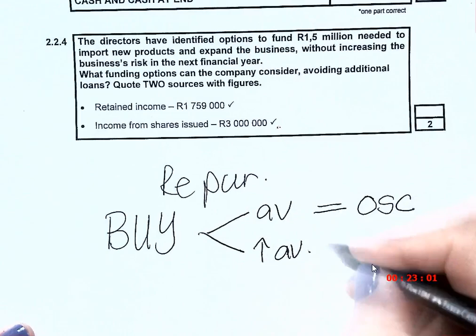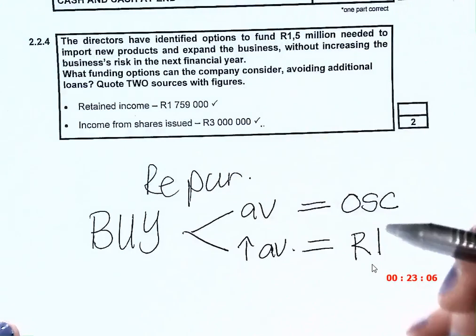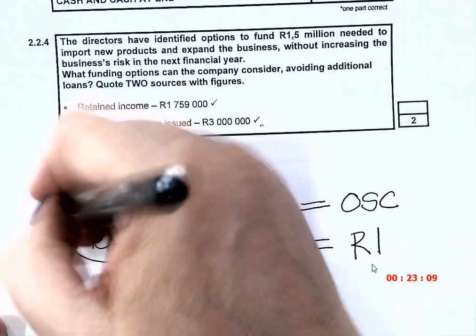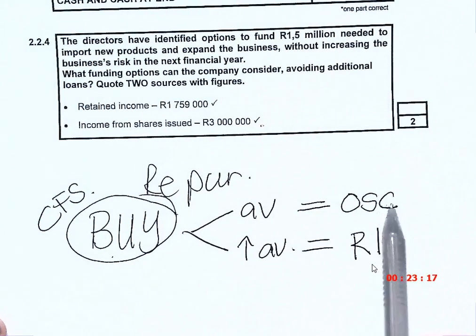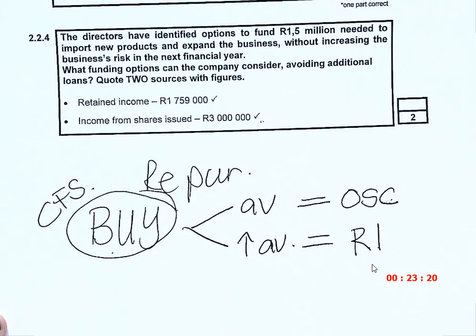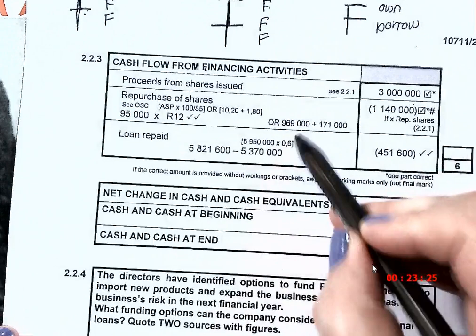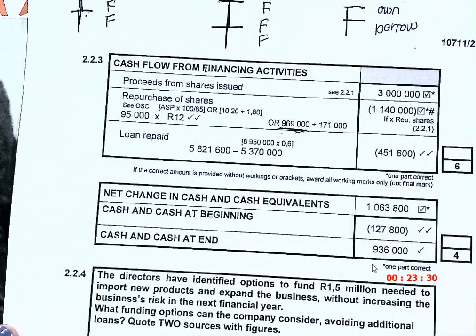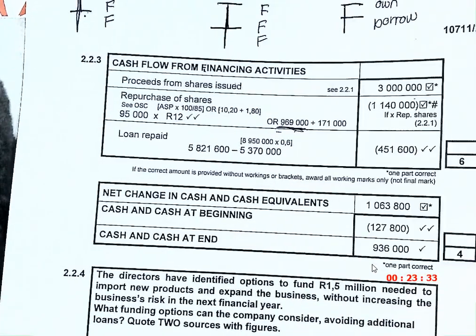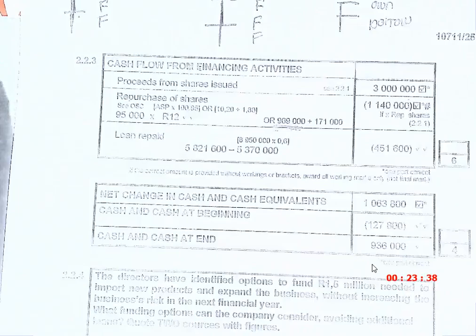The above average I find in the retained income. Whatever I buy, I find in the cash flow. So I'm looking for this one. So what do I have? I have the average already. What was the average? The average was that 969. So if I have the 969, I already got a tick. Okay? But what do I need? I need the total. So they gave me this.